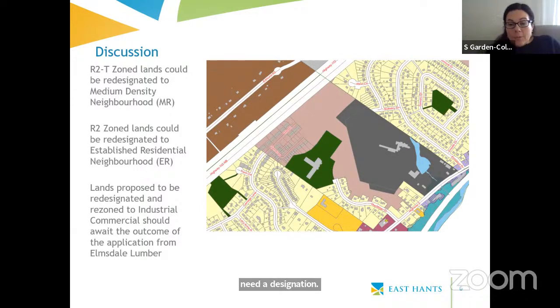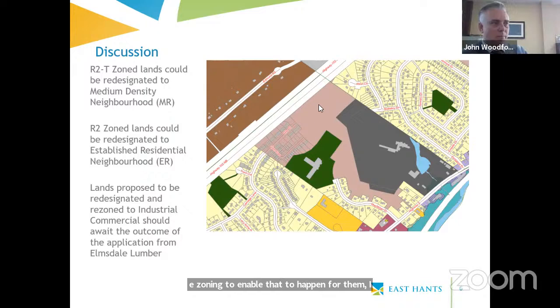So really, the only function of this is just to change the zonings to enable that to happen for them, I guess. That's what I'm seeing. Again, through you, Mr. Chair, yes. They have an application in front of council. If that application wasn't there, I wouldn't have made that recommendation.